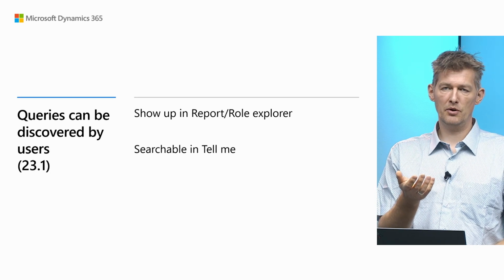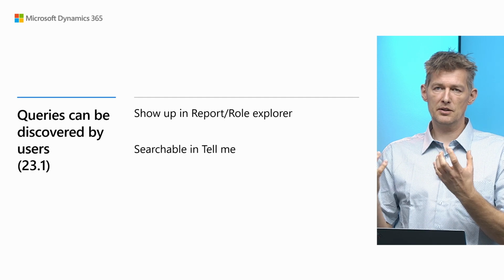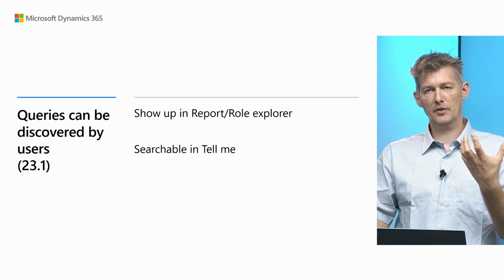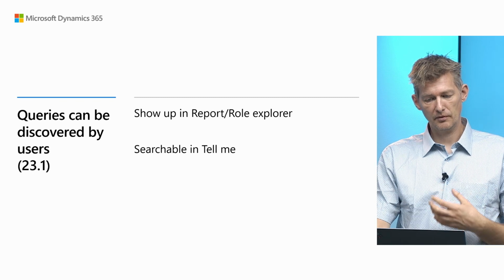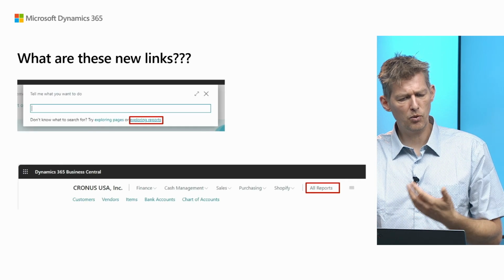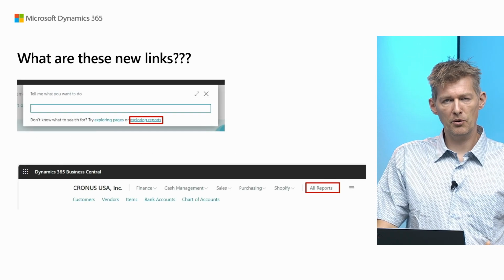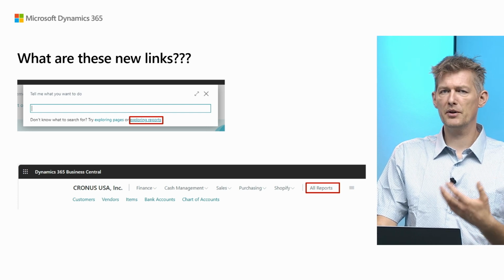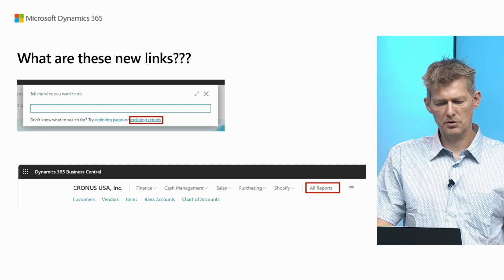You can now search for a query, and they will show up in the places where we want to make content discoverable. So Role Explorer, what's that beast? What are these new links if you go to Tell Me or on the main Role Center? You have something called Explore Reports or All Reports.